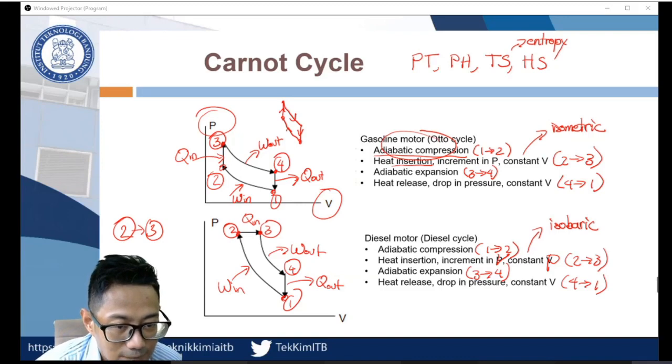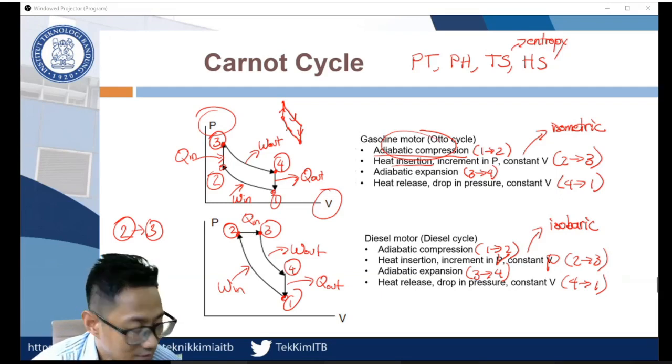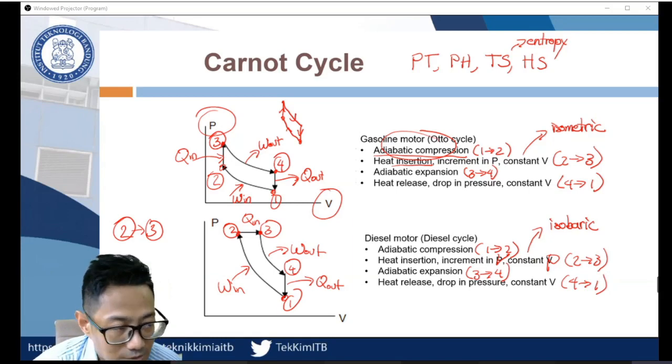So after adiabatic compression, followed by isobaric condition, they try to reach the so-called flash point. That's why in a diesel engine, we don't need a spark plug, we don't need ignition, because diesel oil at a certain pressure will auto-ignite. That is the basic principle between these two.